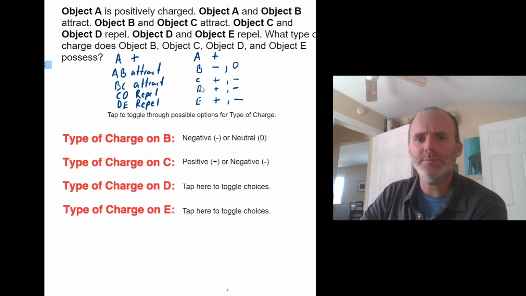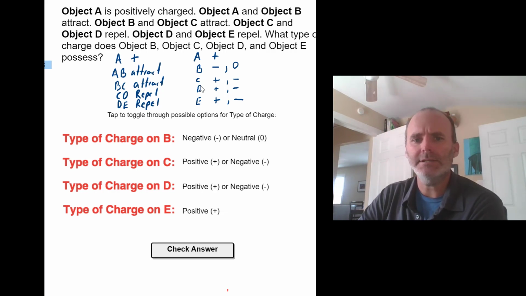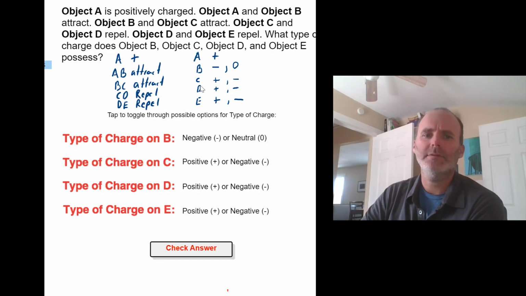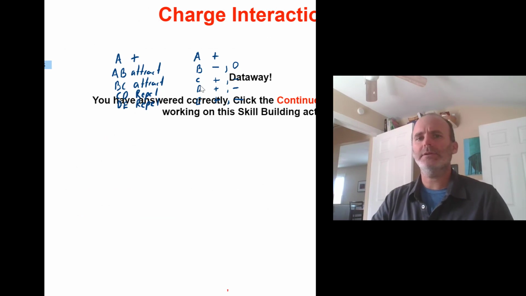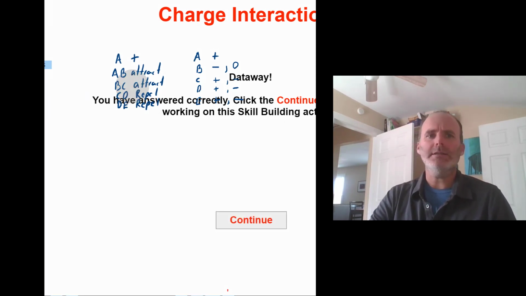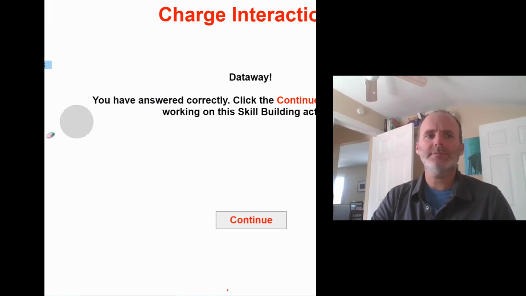Object D is positive or negative. And object E is positive or negative. All right, check our answer. So there we go.